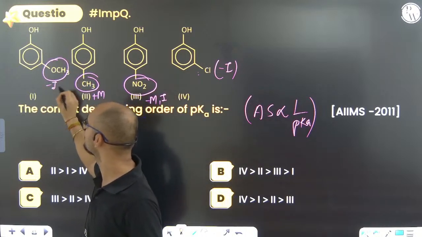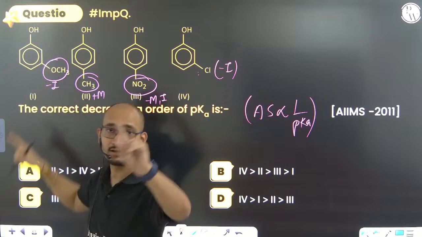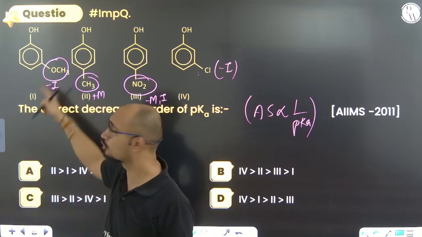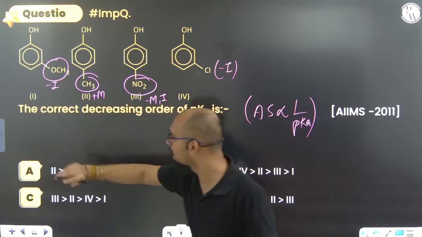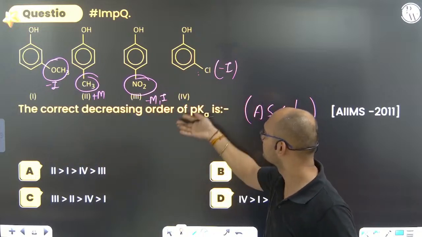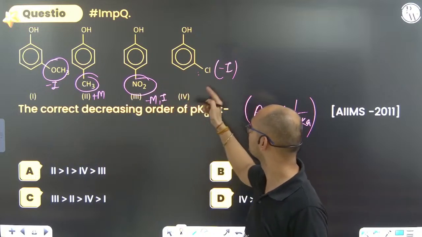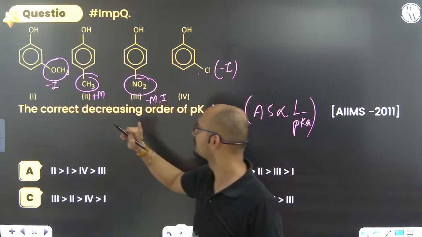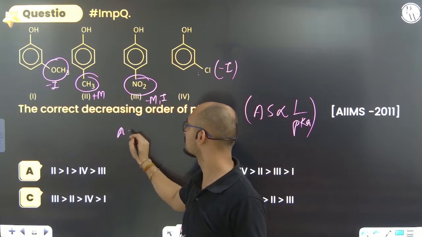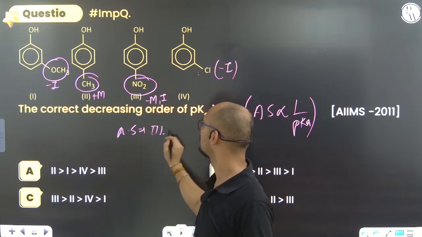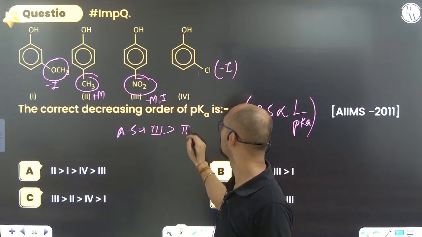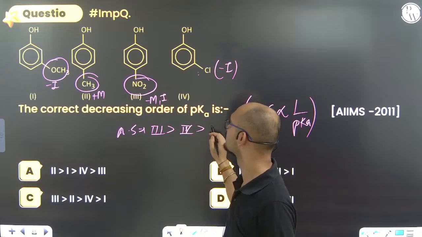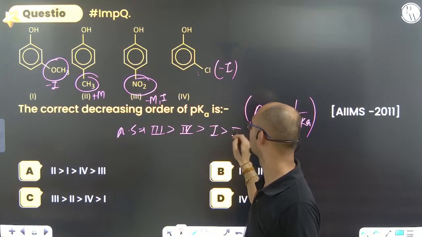This is minus I because it is at meta. If it were para or ortho, it would show plus M, but it is at meta, so minus I. Think about it. Where is it maximum? 3. 3 is more than 4, 1, and last 2. So acidic strength is 3 is more than 4 is more than 1 is more than 2.